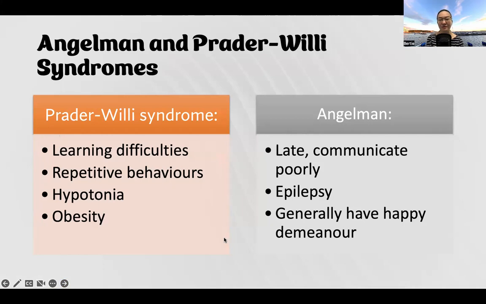Prader-Willi syndrome means learning difficulties, repetitive behaviors, hypotonia, and obesity. With Angelman syndrome, there is a problem with language, people communicate poorly, have epilepsy, and generally have a happy demeanor.